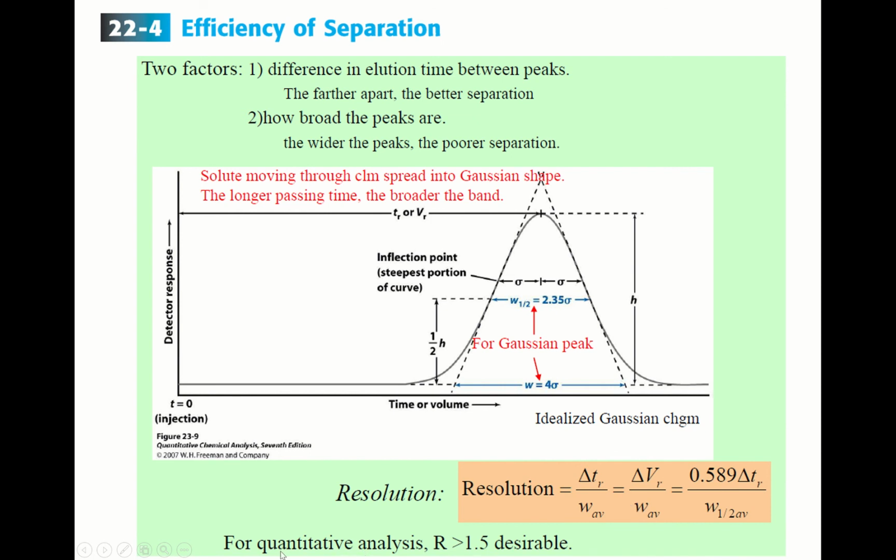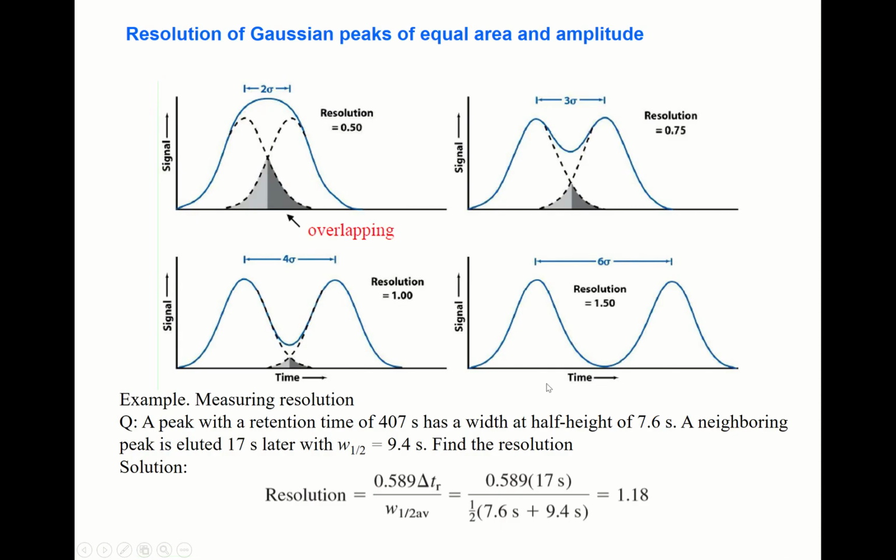For quantitative analysis, R must be larger than 1.5. This is desirable. Otherwise, separation is not complete. Here are four examples. The blue line is the actual chromatogram.